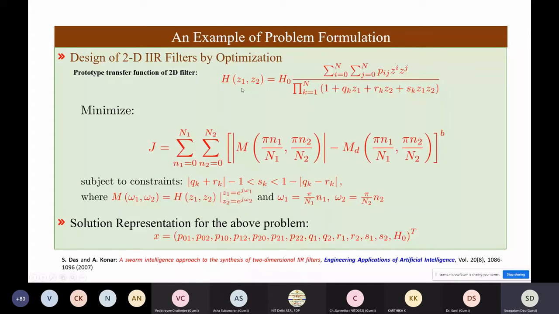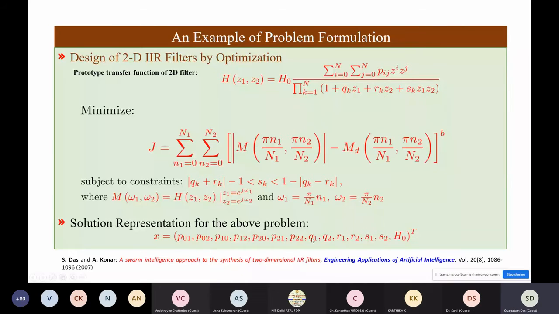So we'll have a grid of size n1 into n2 as you can see here, and we will just sample the response of the original system from these grid points, and we will also see what is the user specification at these grid points. That is the desired response. So basically, we will form a difference between the desired and the actual response, put it in square form because we are just interested in where these are mismatching, and then we sum that up.